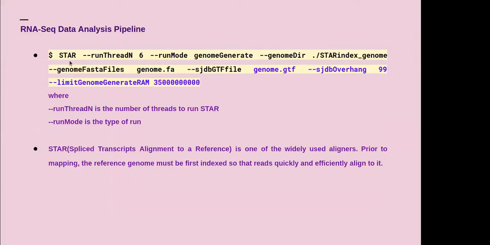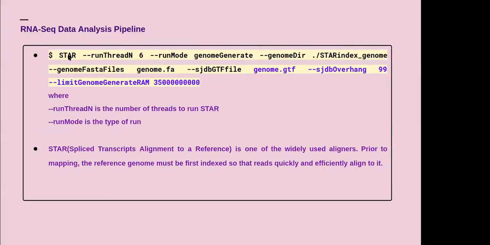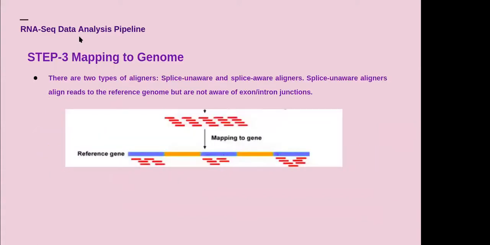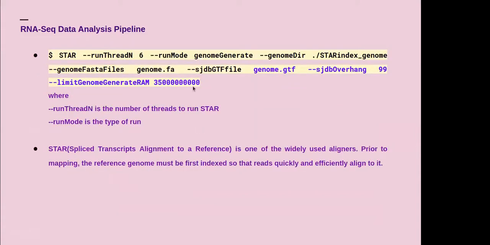So this is the command line prompt that we have to use for mapping. I was talking about the splice unaware and splice aware aligners. These are the types of aligners, and this is the command line.